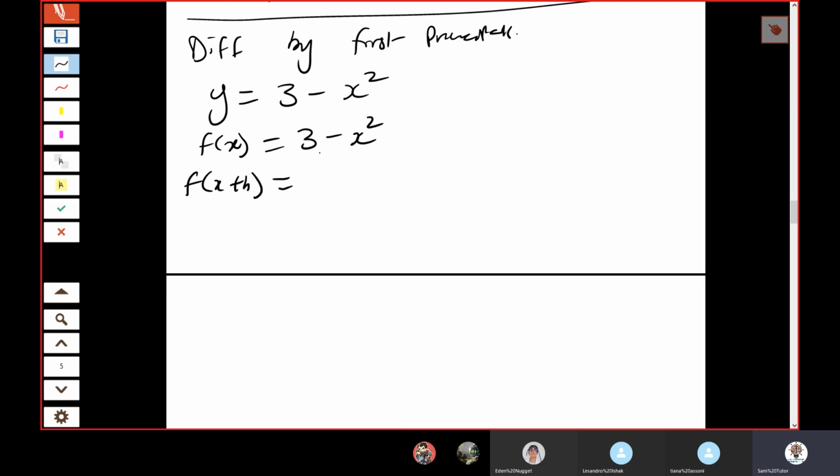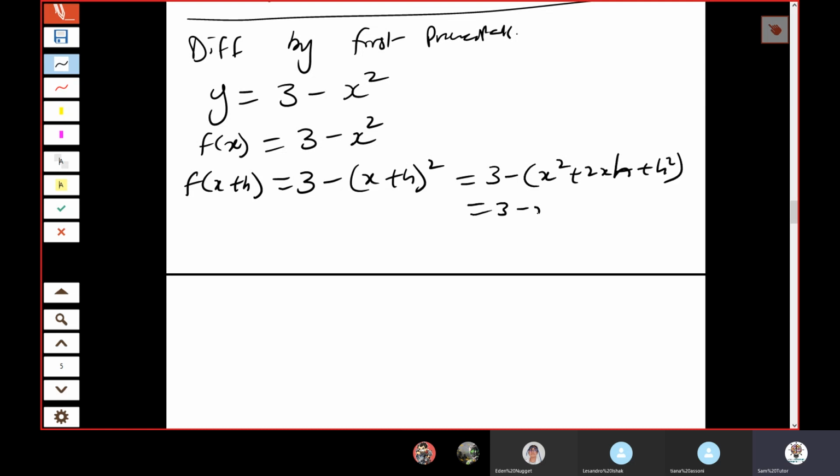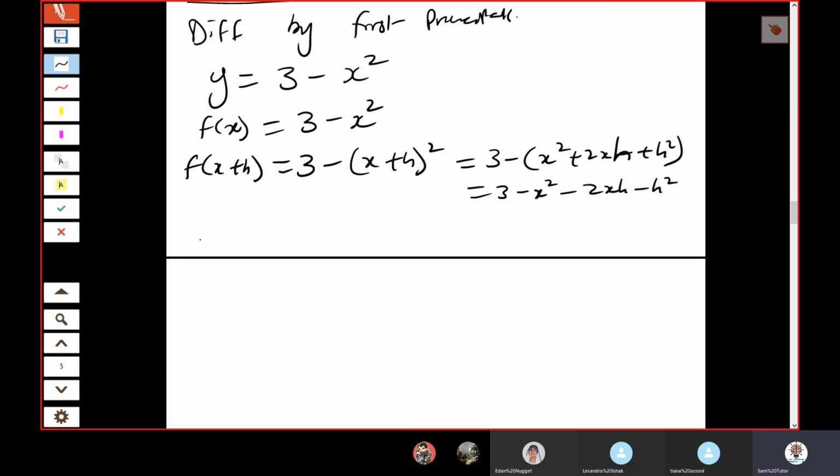Well, there is no x here, so that's just 3. Don't be fooled by that. Minus, open bracket, x plus h squared. Some kids would have expanded at this line. You can do that, there's no problem. There it is. And if you want to simplify it, there it is as well. That is f of x plus h, which is what I'm going to substitute into our formula.